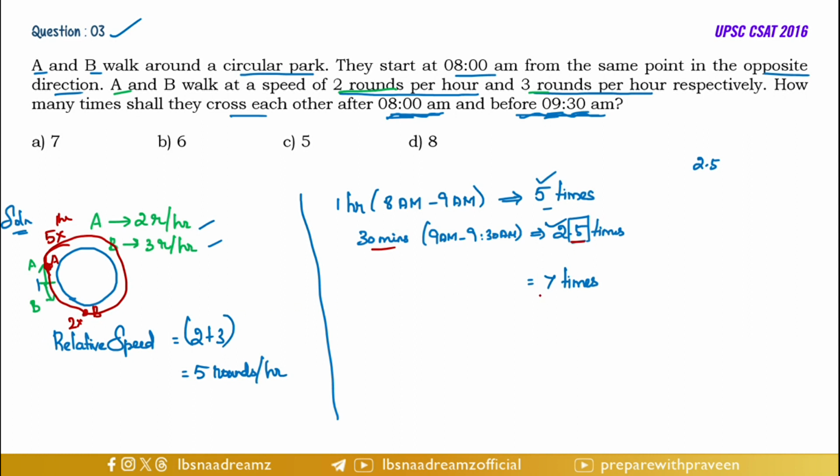So they must have crossed each other 7 times. We cannot take 7.5 and choose 8. No, this is wrong, because 0.5 is incomplete, right? So we have taken 7 as the right answer. Yes, option A is the right answer.